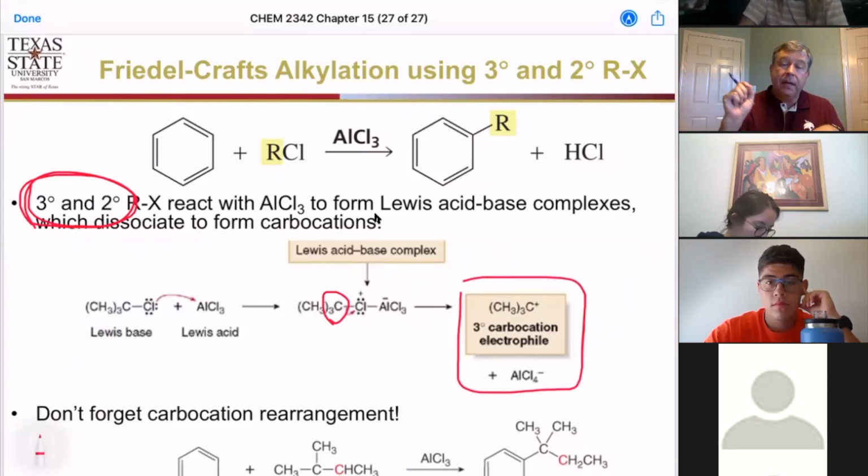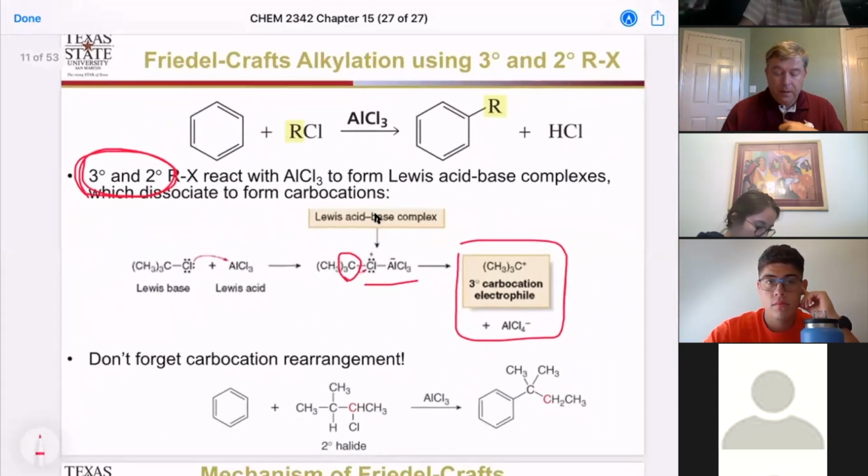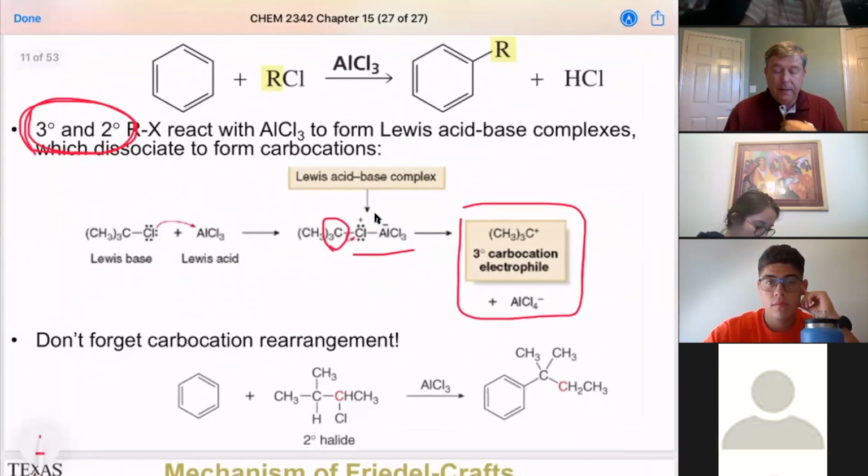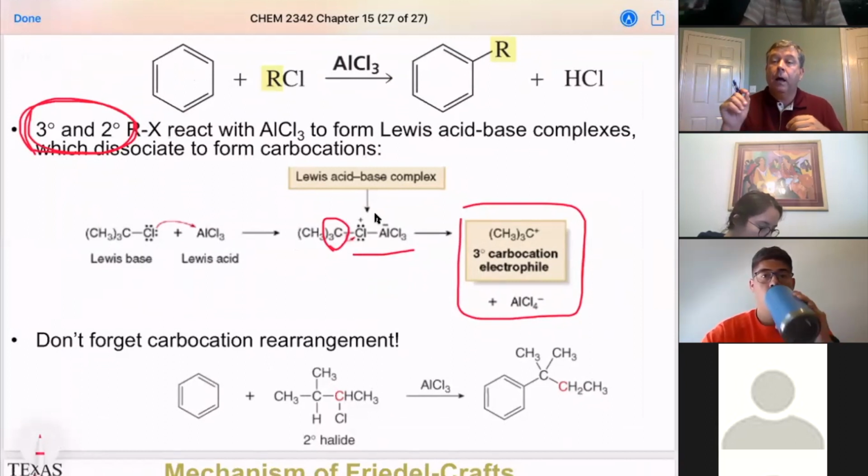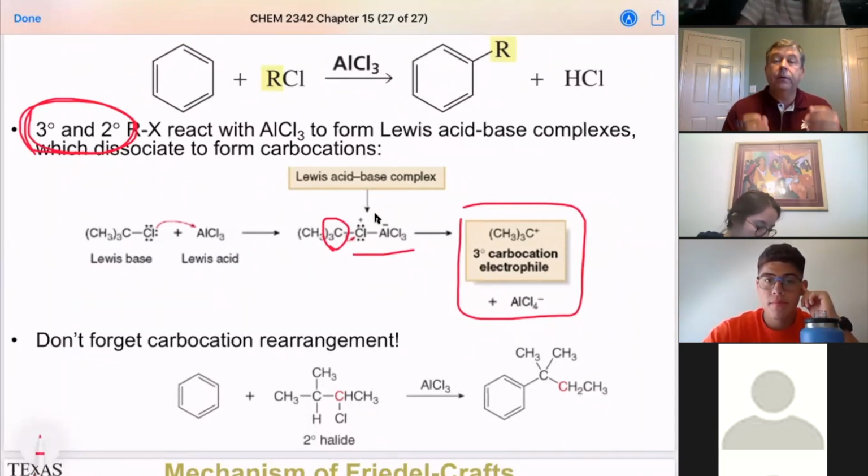The benzene reaches out, grabs it, and pulls it in, and then our aluminum chloride complex acts as our Lewis base to deprotonate the intermediate. Okay, so in the case of something like a tertiary alkyl halide, you will always get a bond where that halogen was. Okay, so if you had the t-butyl chloride, you will always get a t-butyl group.